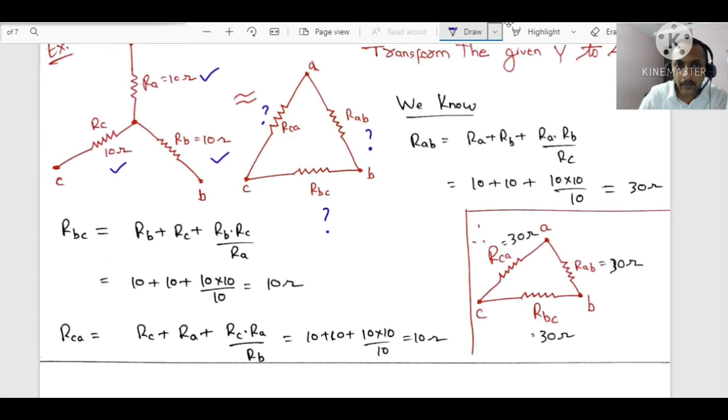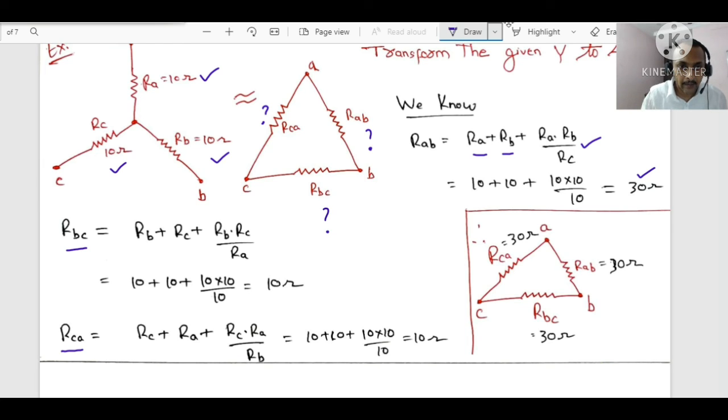If I want RAB, it is RA plus RB plus RA into RB divided by RC. In this context, RA is 10 ohms plus 10 ohms plus 10 into 10 divided by 10, right? And I will get that value as 30 ohms. Let me repeat the same procedure for RBC and RCA.